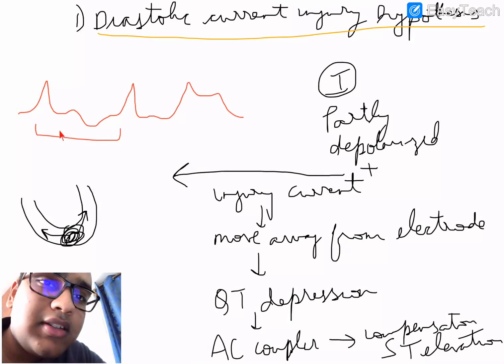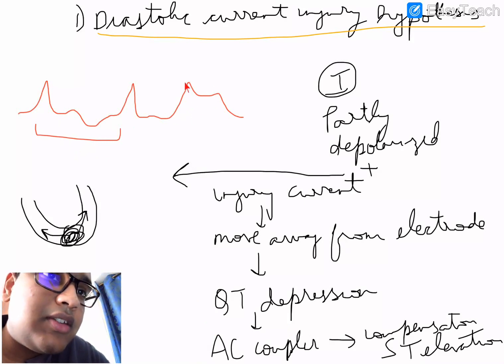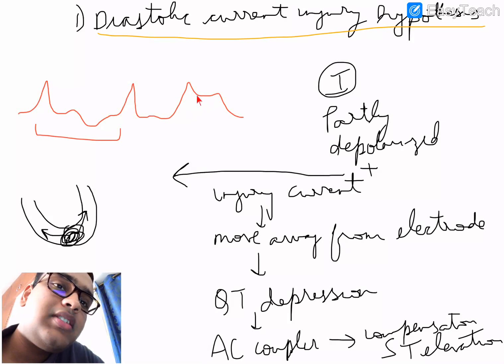So primarily there's a QT depression here. When this goes into the ECG machine, because of something known as the AC coupler, it produces a compensatory ST elevation here. So this is a QRS wave, ST elevation, and a T wave. So this ST elevation is seen as a compensatory feature because of QT depression.